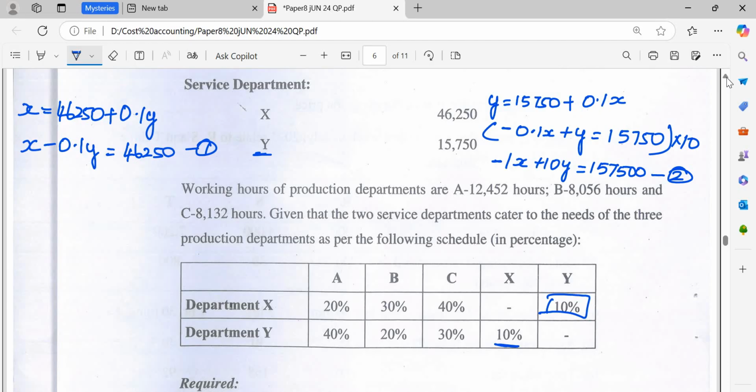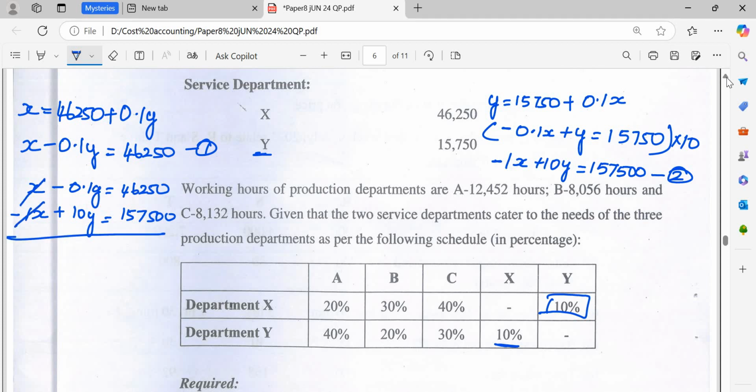So I want to solve both equations. X minus 0.1Y is equal to 46,250, and minus 1X plus 10Y is equal to 1,57,500. So minus X and plus X will be cancelled.